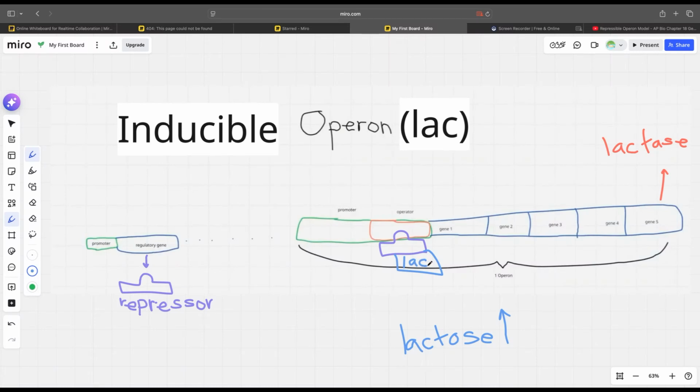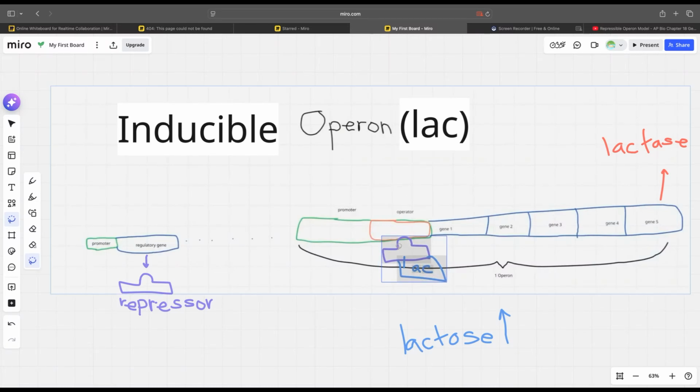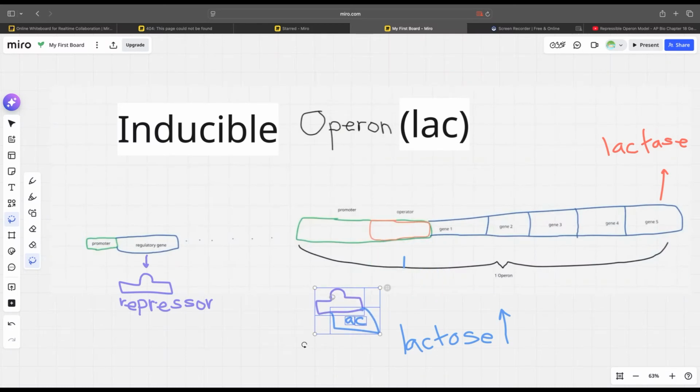That will cause a shape change, and because of the shape change, they will together break off of the operator, and that will cause the pathway to turn on, and this lactase enzyme will be produced. As the lactase enzyme is produced, the lactose sugars begin getting broken down, the concentration starts falling, and then it reaches low levels, almost zero.